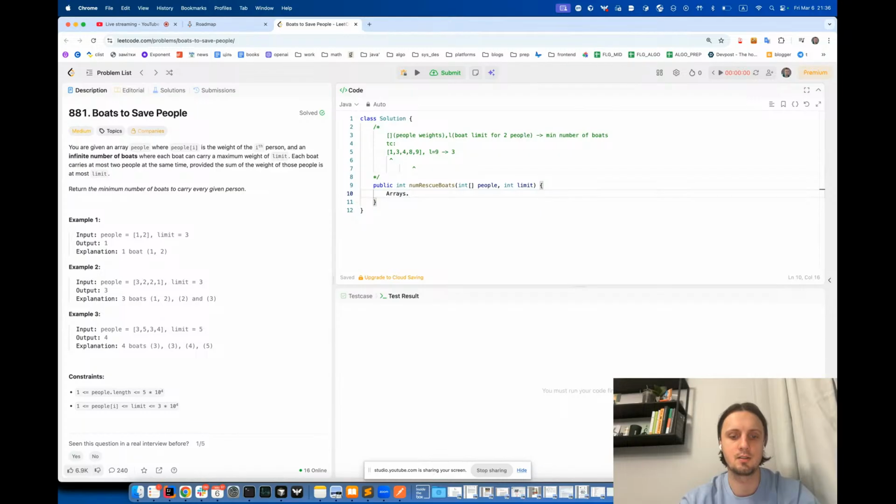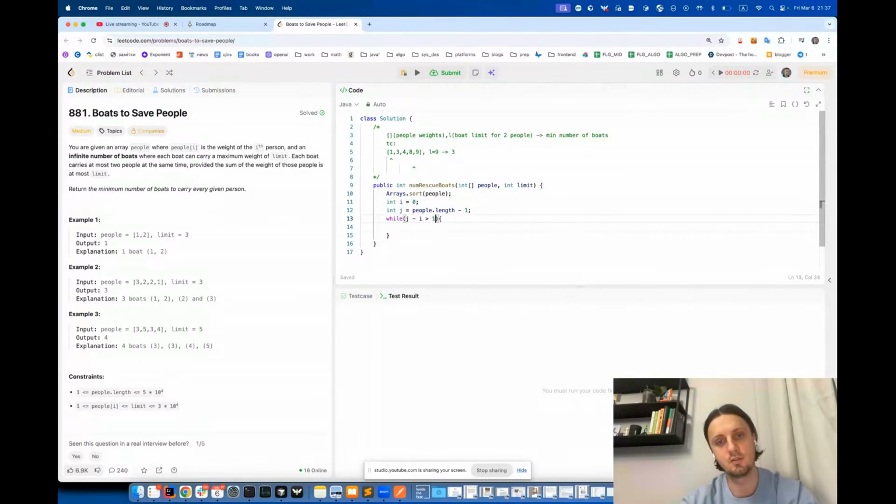So we have Arrays.sort. We sort our people. Then we have 2 pointers here, so it would be people length. Then we have a while loop while j minus i is greater than or equal to 0.